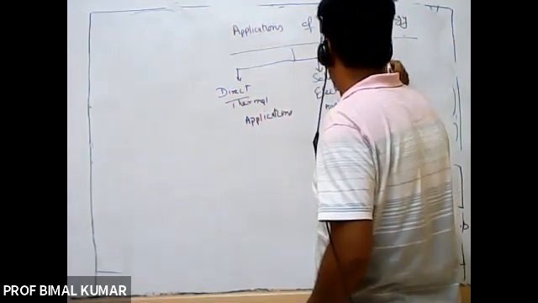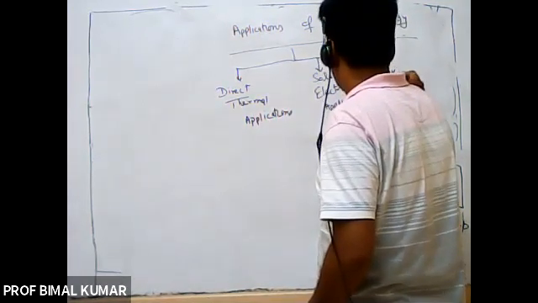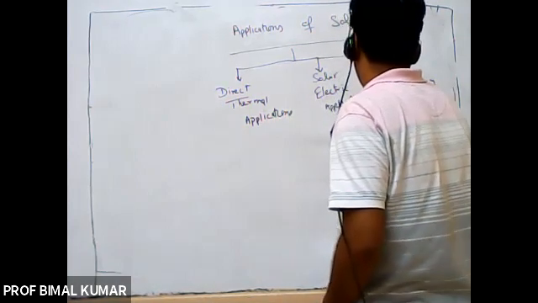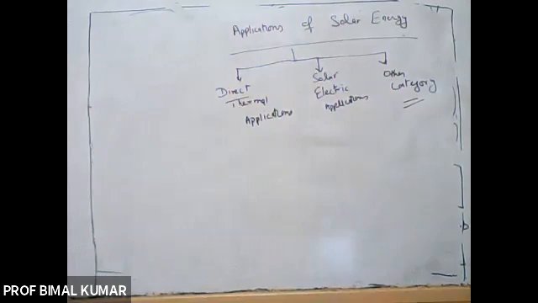And third is other category. So these are the three classifications of solar energy. First is direct thermal application.